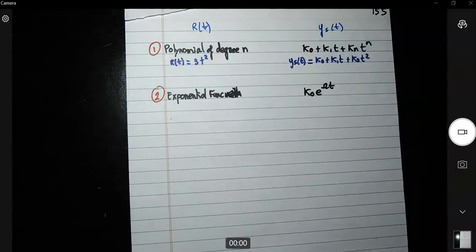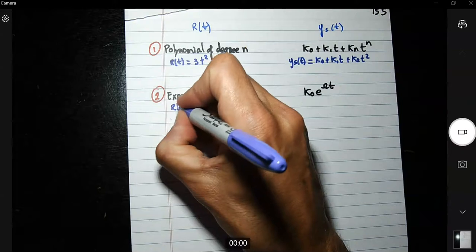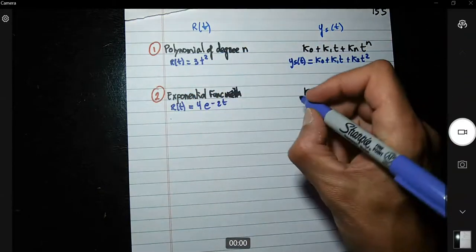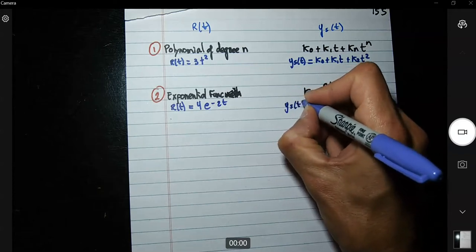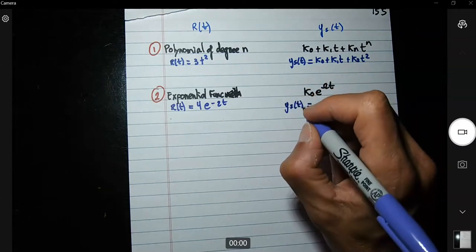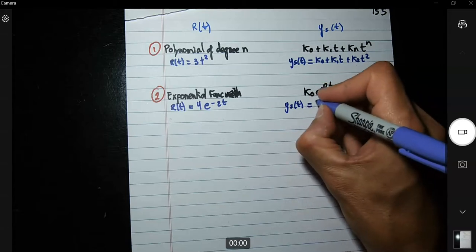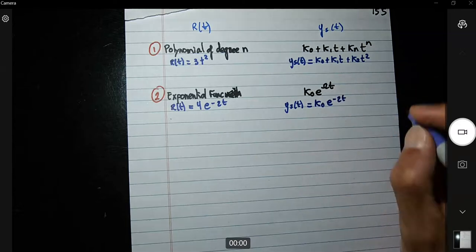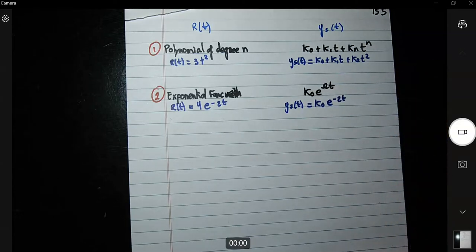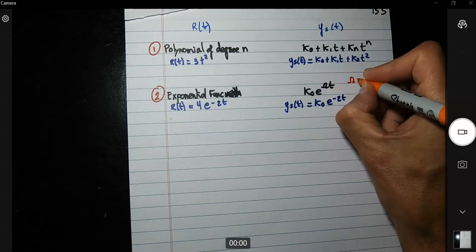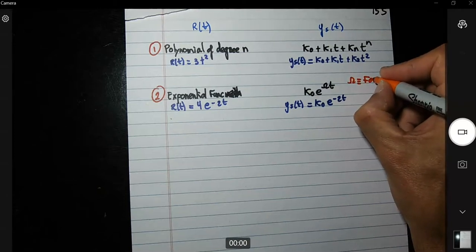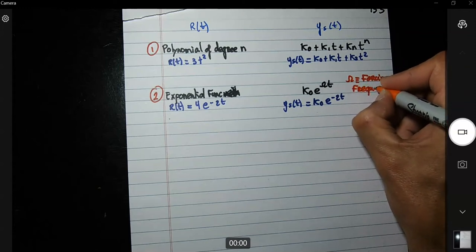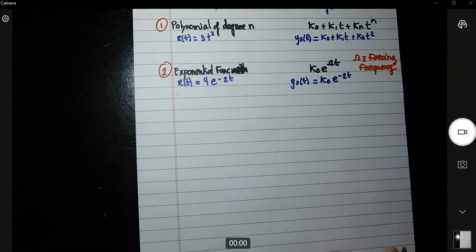Let's give an example. Let's say r of t would be equal to 4 exponential of minus 2t. In that case, y specific of t will be equal to k naught exponential of minus 2t. That's it. Omega here is what is known as the forcing frequency.